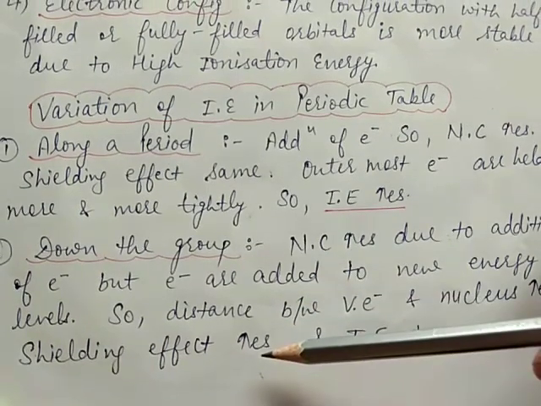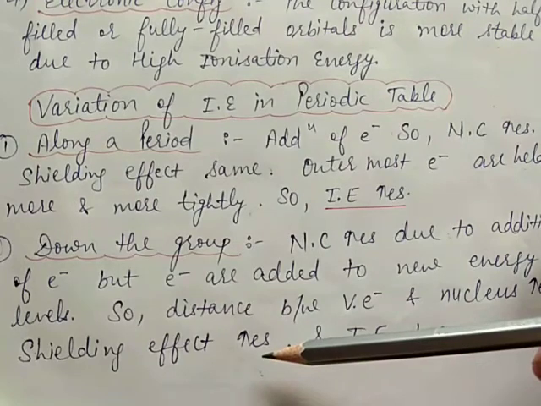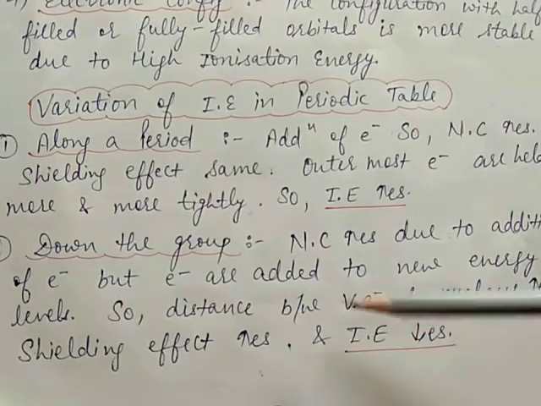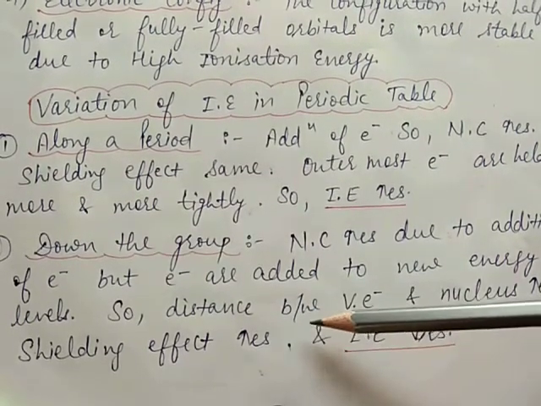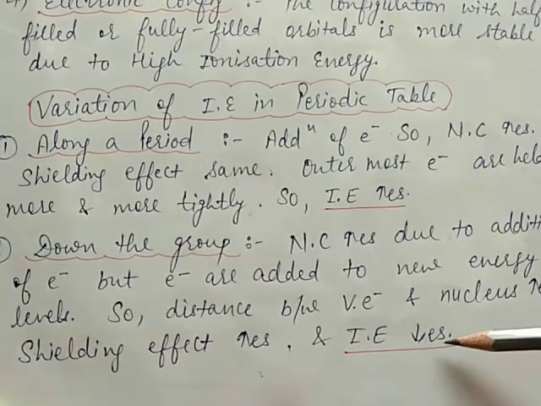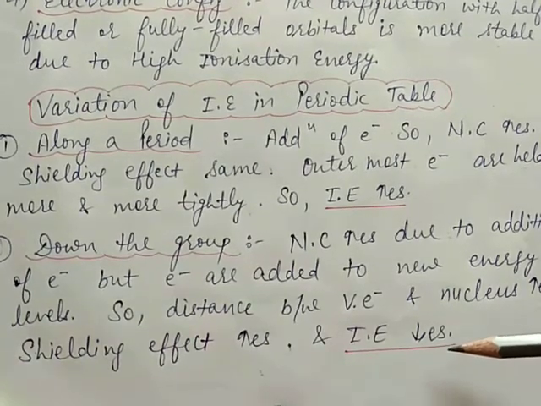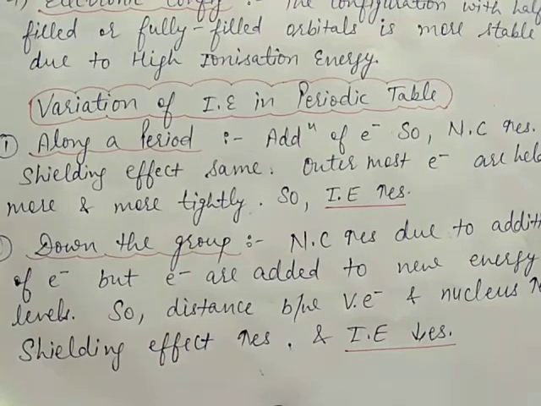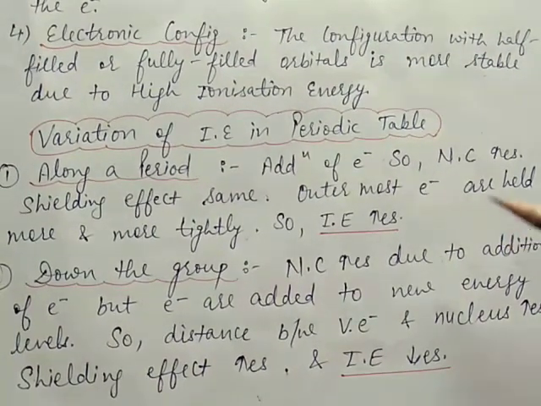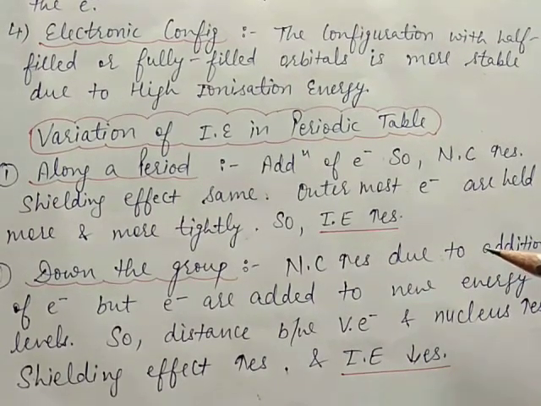So the increased shielding effect outweighs the increasing nuclear charge, and a smaller amount of energy is required to remove the outermost electrons. So ionization enthalpy decreases down the group. One important note is that ionization enthalpy is maximum for noble gases and lowest for alkali metals in a period.